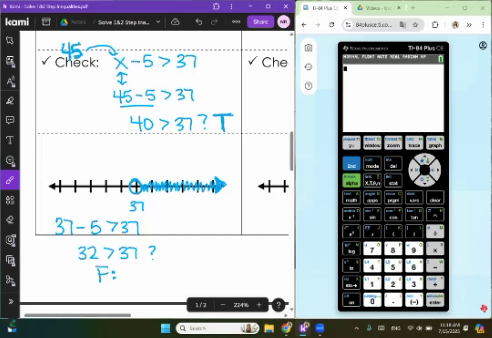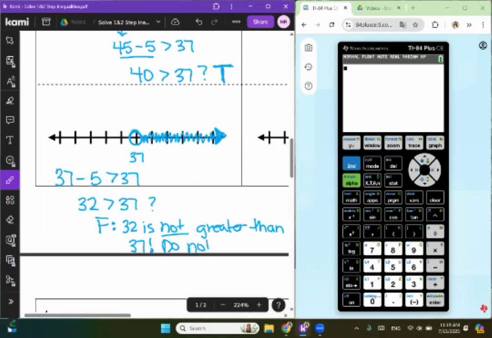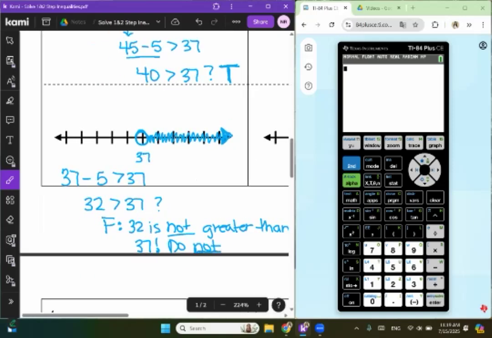Because 32 is not greater than 37, do not fill in that bubble, okay?